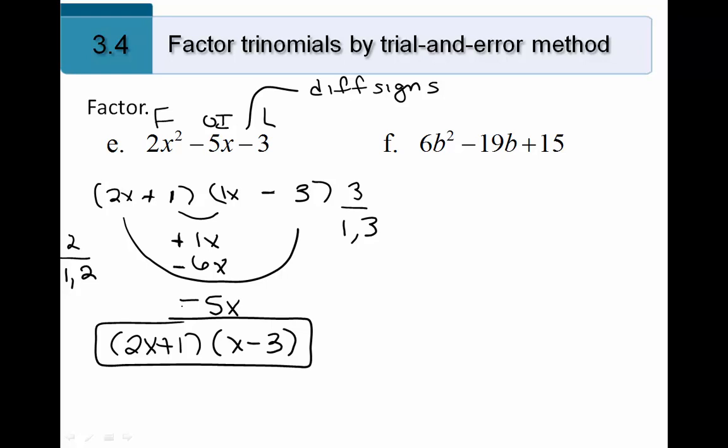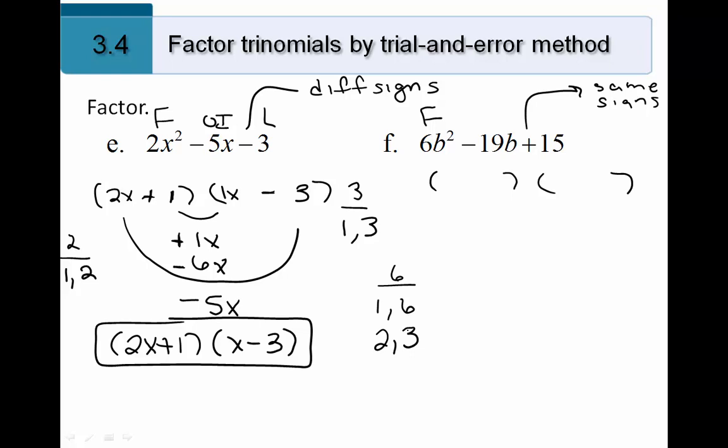All right. 6b squared minus 19b plus 15. My signs will be the same down below. Draw your two sets of parentheses. Look at my F. Factors of 6 are 1 and 6, or 2 and 3.